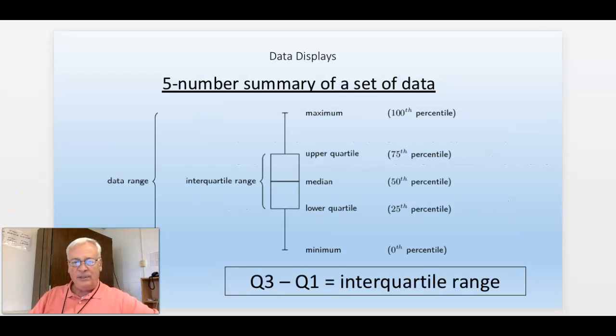And here's a good example here that shows the 5-number summary. It shows the interquartile range, a measure of spread, and then the maximum minus the minimum is the entire range of the data. Okay? That's what I'm hoping you guys understand here today.